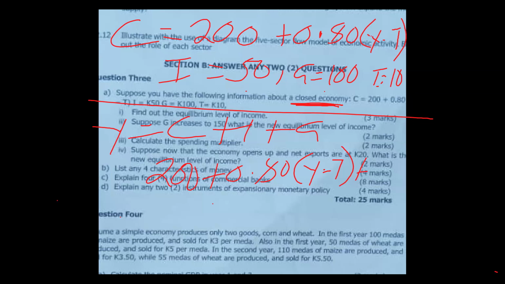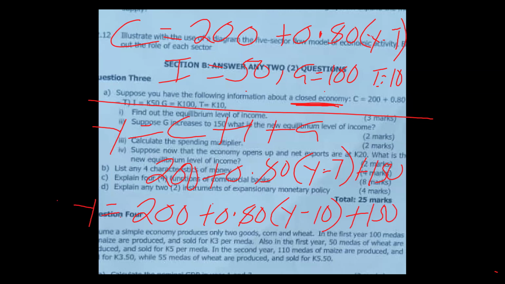Plus government expenditure, which is 100. So this will give us 150. So we'll say y is equal to 200 plus 0.80 multiplied by y minus taxes of 10. The tax is 10, that's what's given in the question, plus 150.